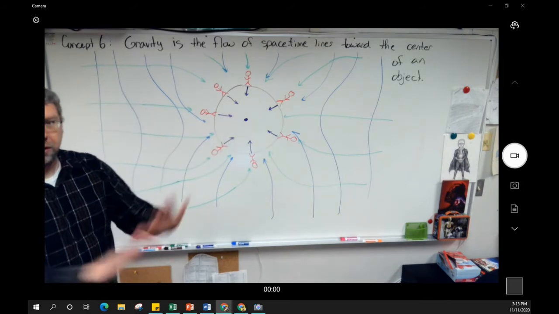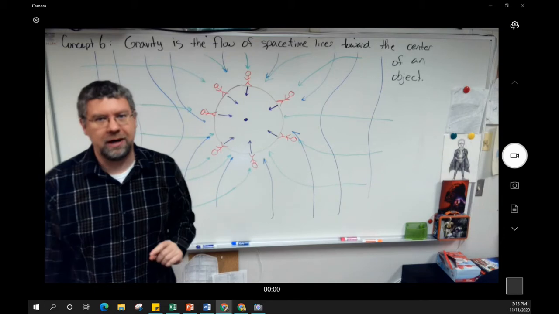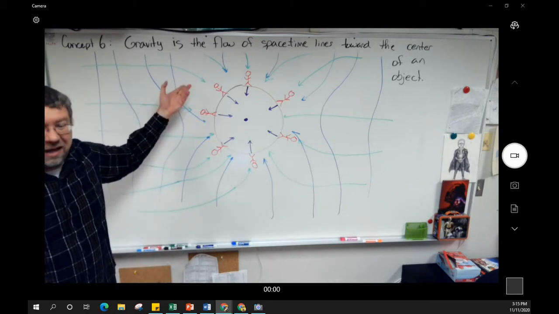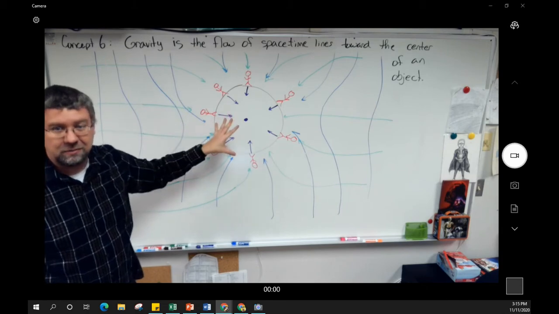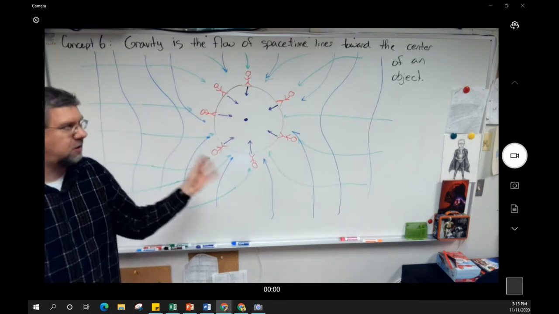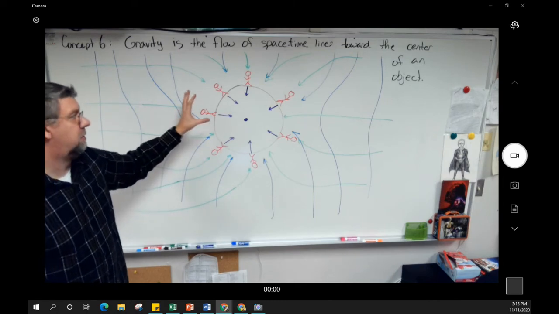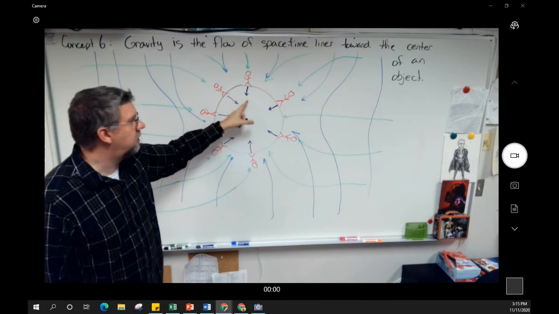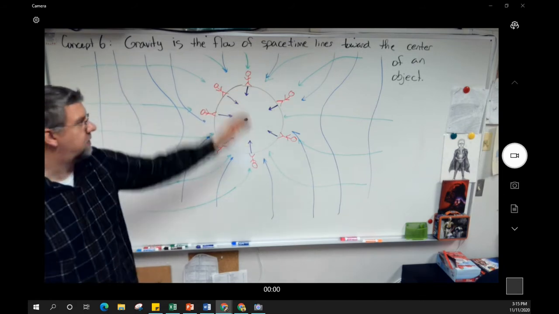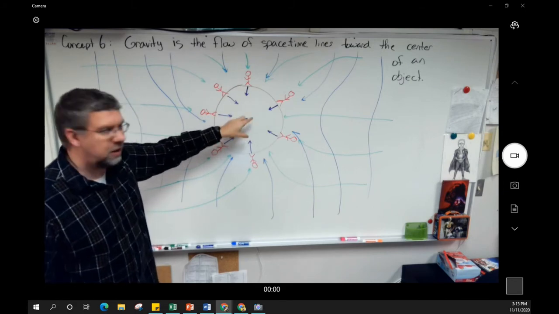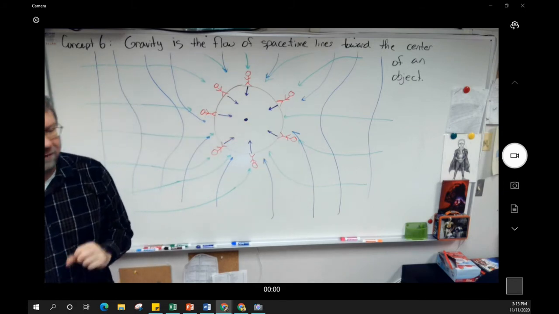So no force of gravity. How does matter curve space-time like this? We have some ideas. It's a very complicated thing, and I don't have time to get into it. But there is no actual force of gravity acting on the people to pull them in. It's the curvature of space-time, people following the flow of space-time toward the center of the object.